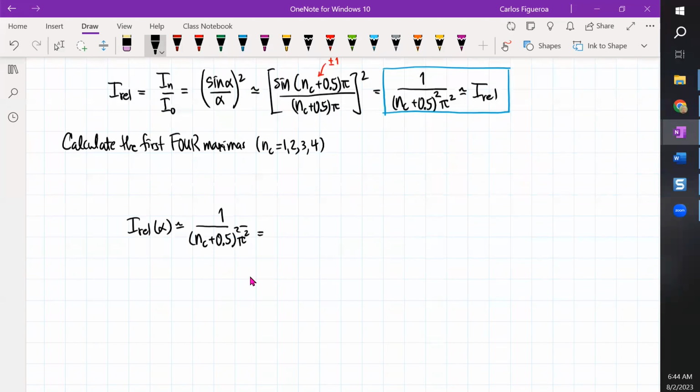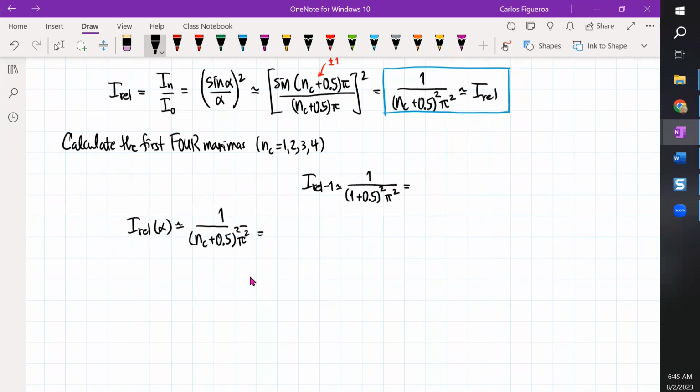So for n equals 1, this should be 1 over 1 plus 0.5 squared pi squared, and we know that's approximate.